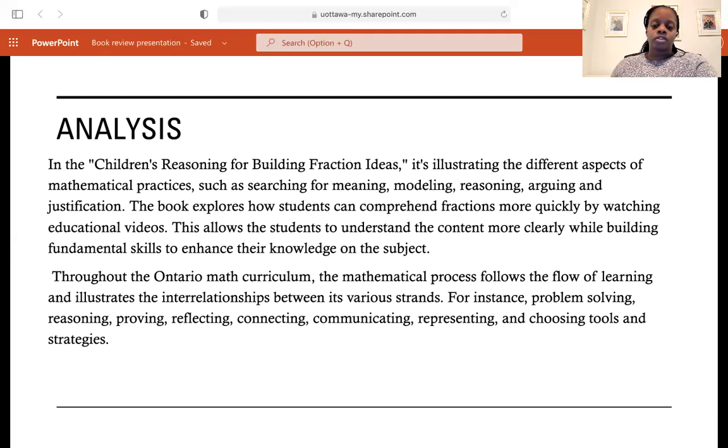This allows students to understand the content more clearly while building fundamental skills to enhance their knowledge on the subject.